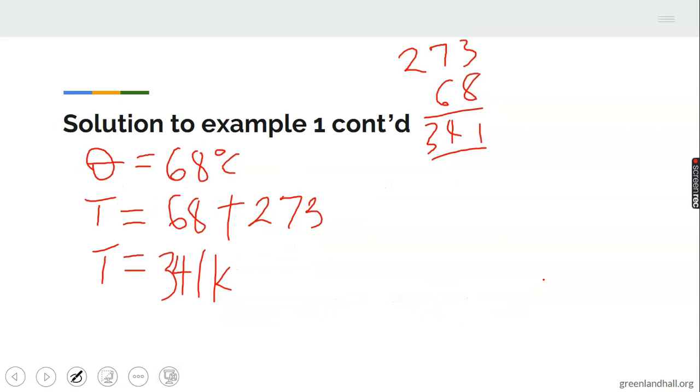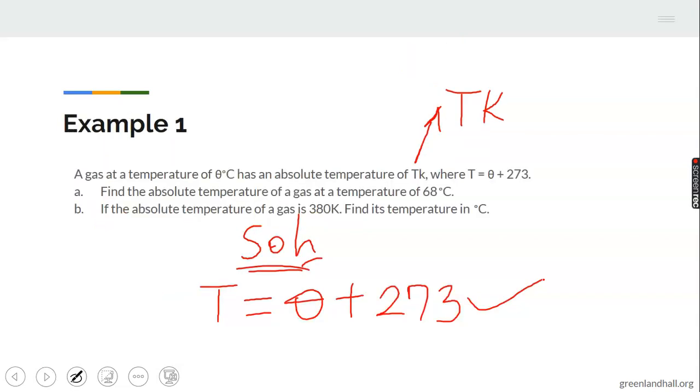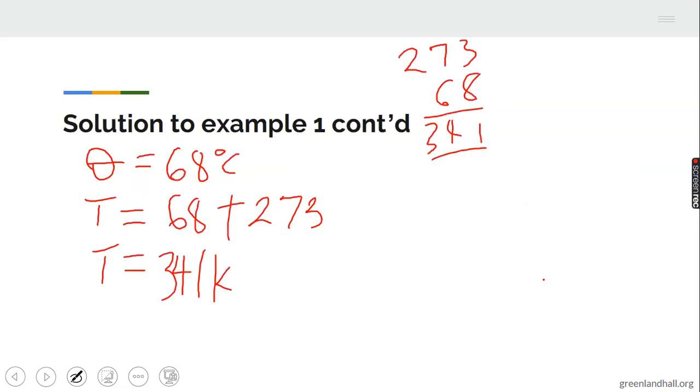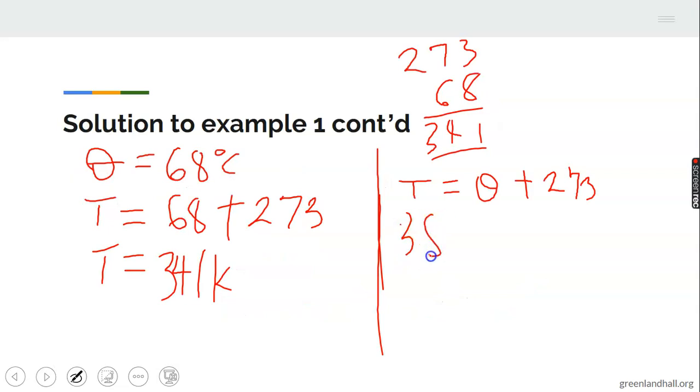Now, the next question: if the absolute temperature of a gas is 380 Kelvin, find its temperature in degrees. Don't forget, T equals theta plus 273. You've already been given your T to be 380. That is 380 equals theta plus 273. What you're looking for now is theta.